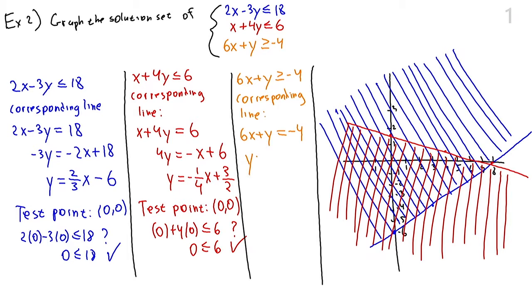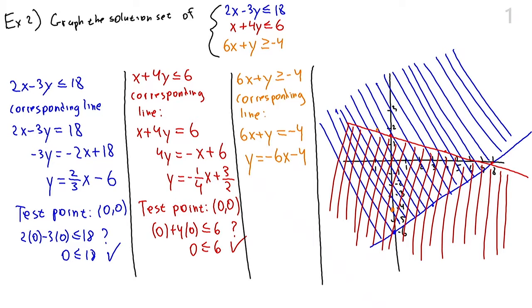Putting in slope-intercept form, we get y equals minus 6x minus 4. So the y-intercept is negative 4, and the slope is negative 6. So it's a steep slope that has a rise of negative 6 and a run of 1.